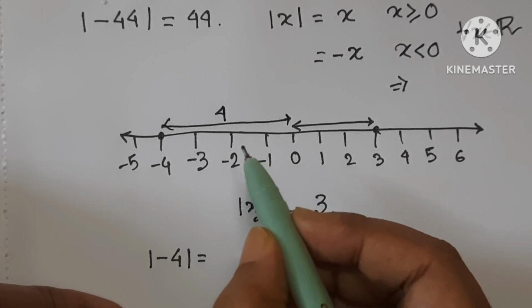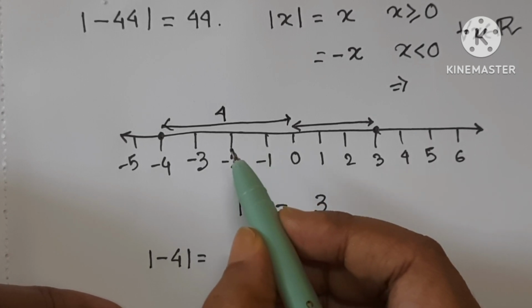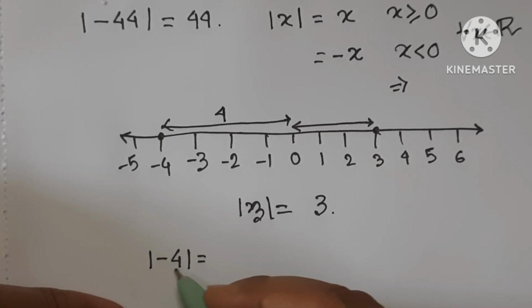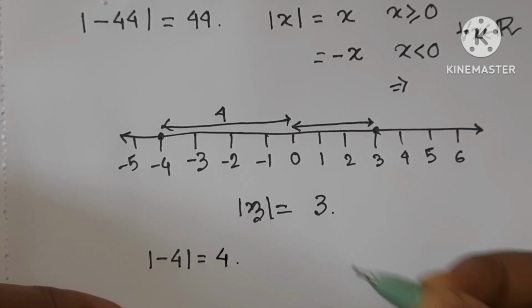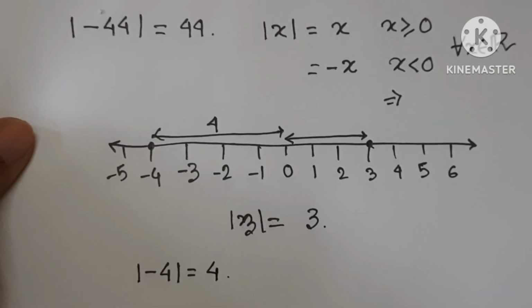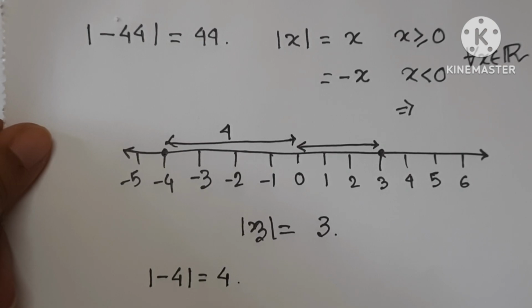Here we are considering the distance, not the direction. So in that case, mod of -4 will be 4. Clear? Now this is the concept of absolute value.